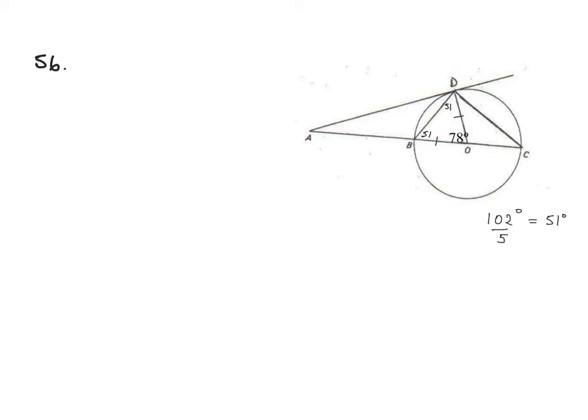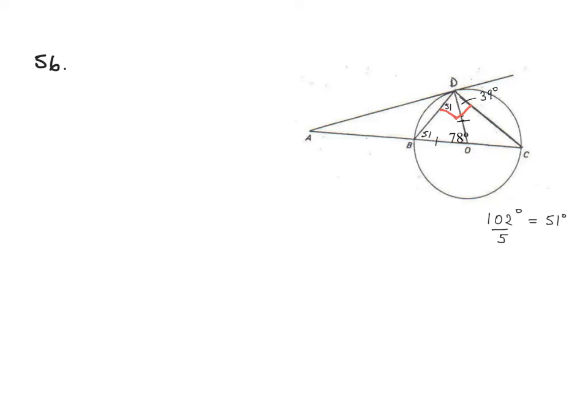Now, different things we can do. This angle here is a 90-degree angle because the triangle is drawn inside a semicircle, and such a triangle is right-angled. So 51 plus 39 degrees gives us 90 degrees.